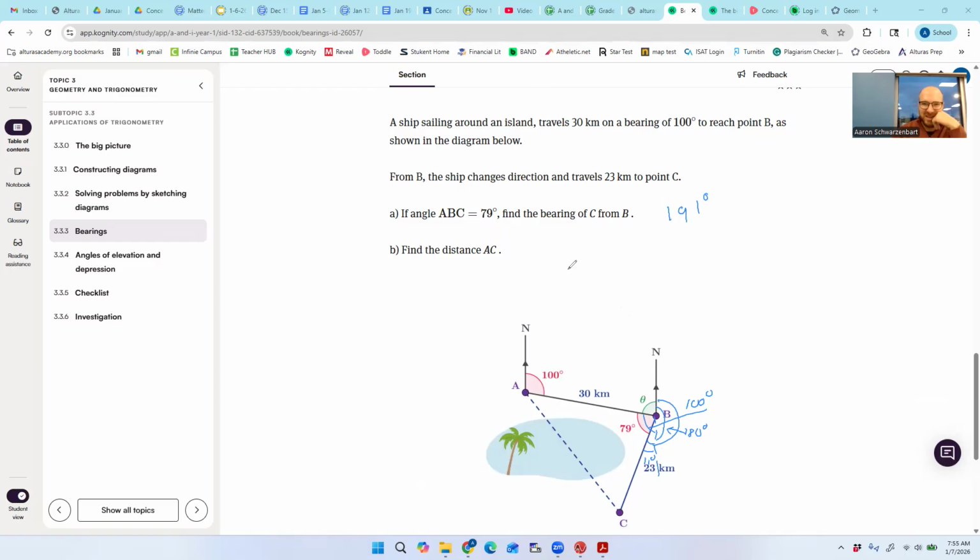Find the distance A to C. This is just, again, a relatively easy law of cosines problem.